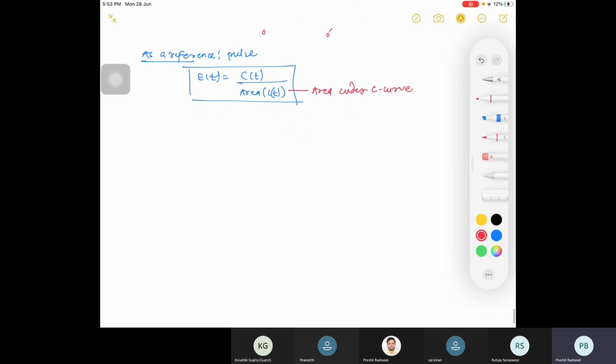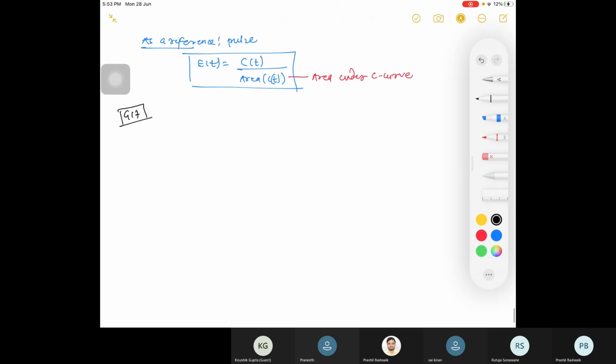Now we'll solve some GATE questions. You know what is your first moment of RTD? What is that? First moment, Sir, it's mean residence time. Right? Mean residence time. Now please write this question. I already took this.